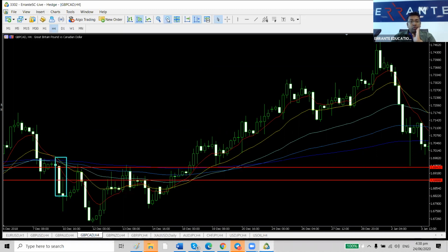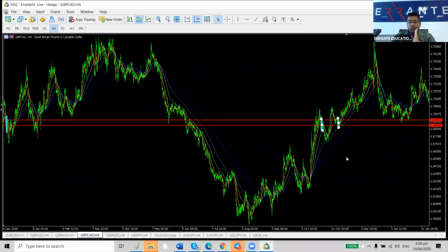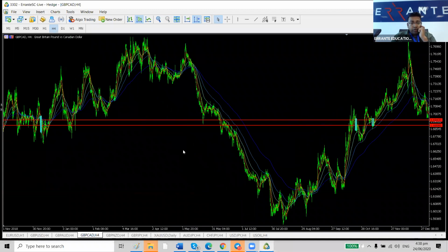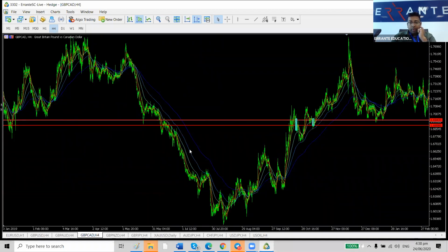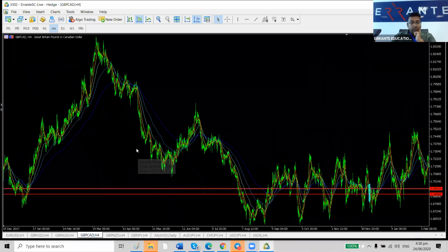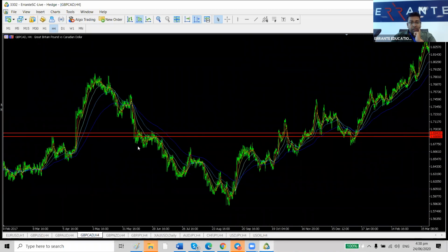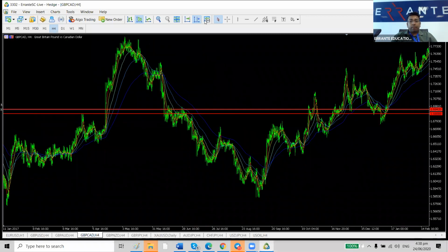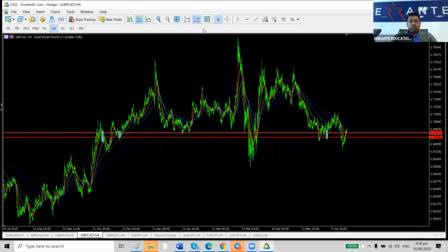So if we were to zoom out, you could see all the blue area right there is where we've got significant levels. Okay, there you go, guys. So there you go, Alfred.